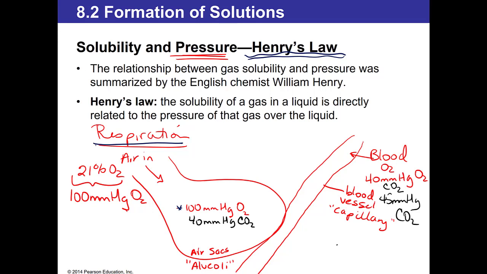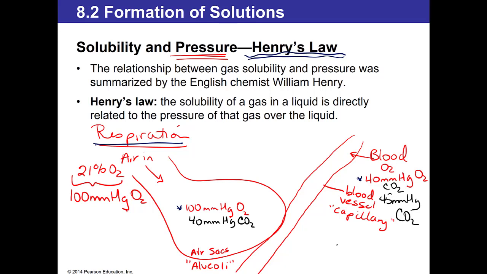The pressure is about 100 millimeters of mercury. But in your blood, the pressure of oxygen coming right past these little air sacs is really low, only about 40. And so this is where you get a difference in pressure. Henry said gases like to go from where they're at high pressure to where they're at low pressure.